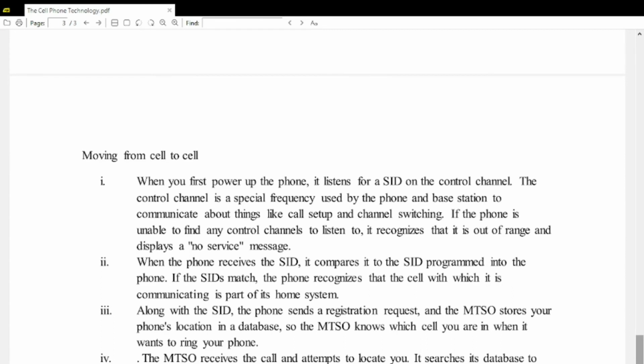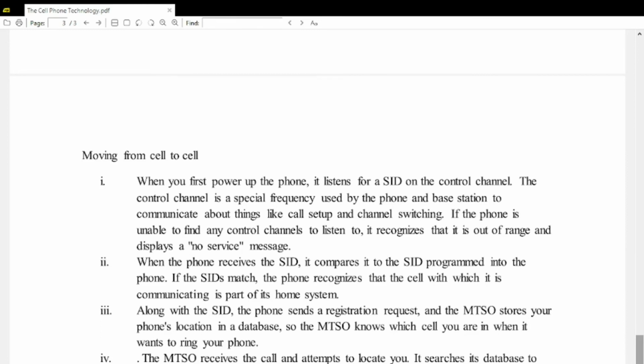So what will happen? The MTSO will save in its database your phone's location, right after being requested by your phone. So the main reason of doing that is so that the MTSO is able to know your exact current cell location.